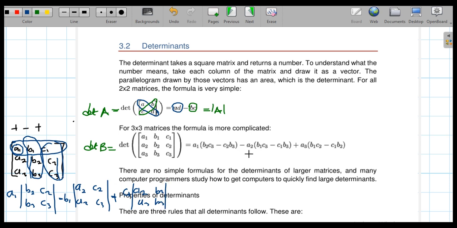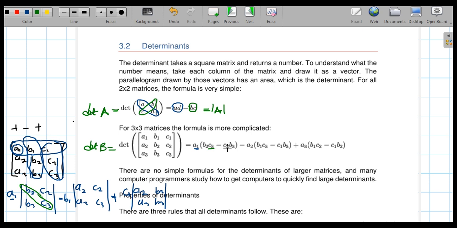So this is where we now get this from, where you now have A1 here. Then with this A1, you now have B2, C3. Remember how we did for the 2 by 2: B2, C3 minus B3, C2.